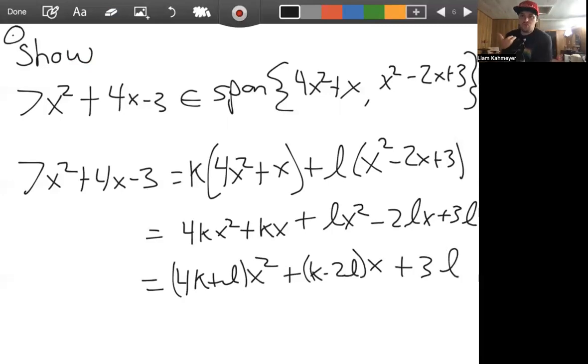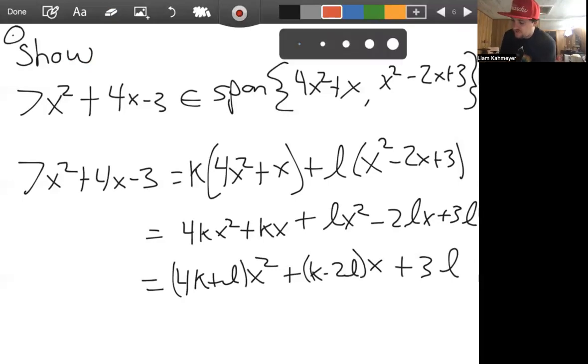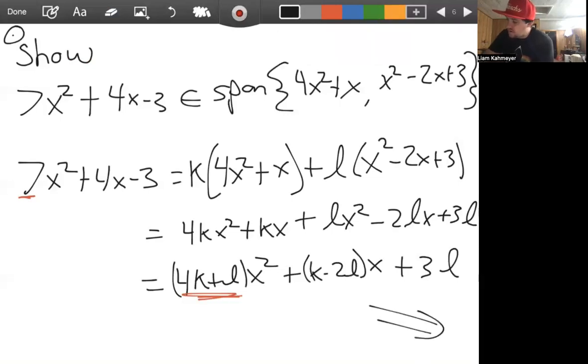And now two polynomials are equivalent if and only if the respective coefficients are equivalent, right? Meaning the coefficient for x squared has to be equal to the coefficient for x squared. And so because of this understanding, we get the following system of equations, right?